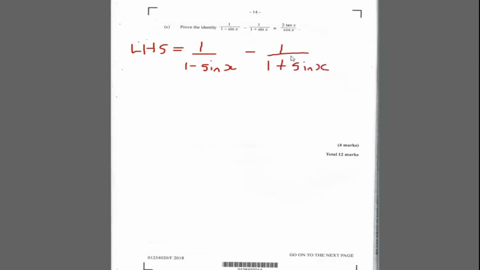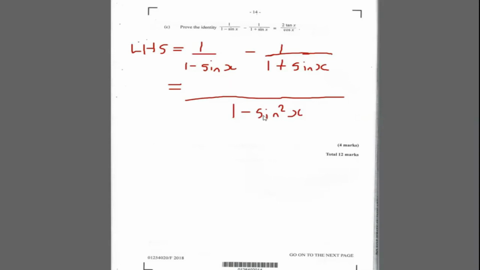Now in order to do this, we're going to form one big LCM, and the LCM of 1 minus sine x and 1 plus sine x is just 1 minus sine square x. So that's the LCM, 1 minus sine square x.